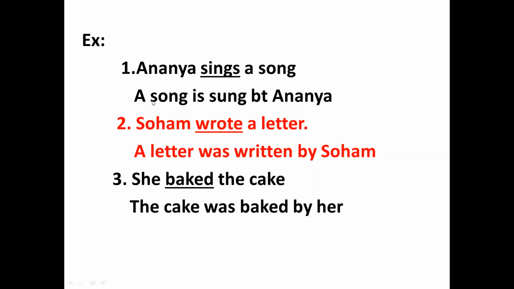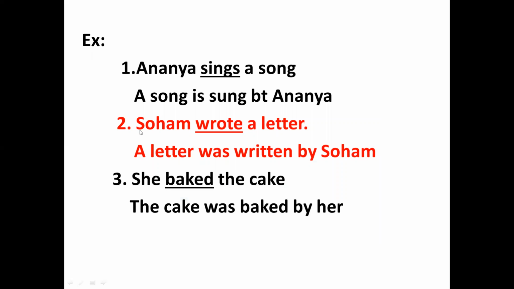You can see here, a song, the object, becomes the subject, and the be form is, because it is present tense. Sing, sang, sung: verb 3 we have to write, sung by Ananya. So a song is sung by Ananya.